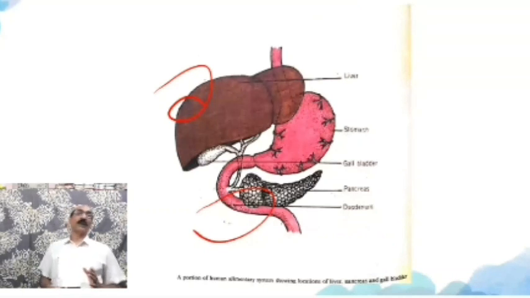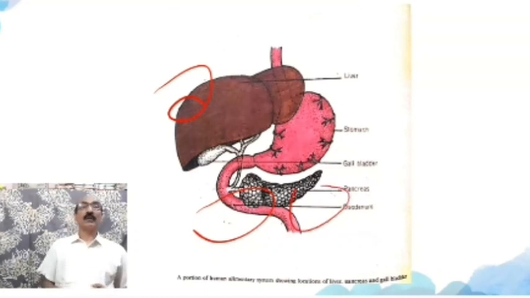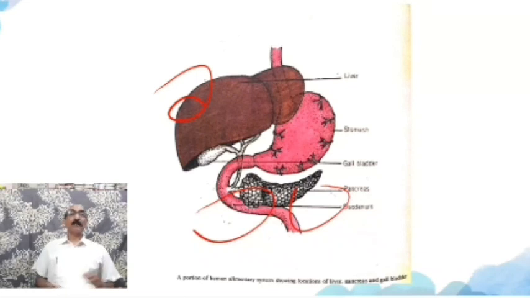Bile juice emulsifies the food as well as converts the acidic food into basic food. There is another gland called pancreas. Pancreas is a mixed gland that secretes pancreatic juice. Pancreatic juice now starts digesting the food that is coming from the stomach and gets emulsified or basified in the duodenum.